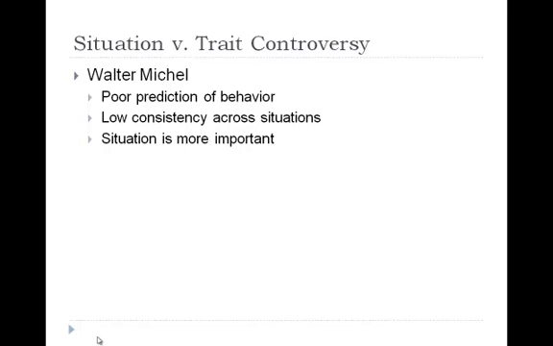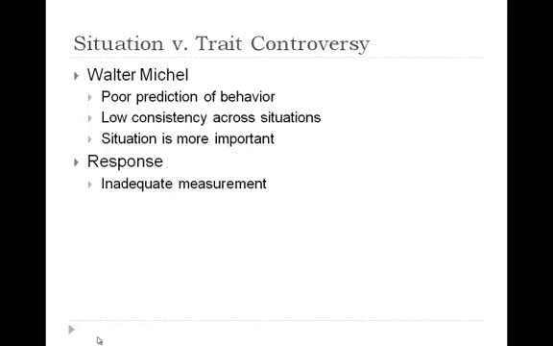So in response to Mischel and other people's criticisms, one of the things was, yeah, you're right, the numbers are low, but one of the reasons the numbers are low is we're measuring things really poorly. We have inadequate measurement. When we look at correlations, a relationship between a trait and a behavior, we're usually measuring one behavior at one point in time, and that is poor measurement by the standards of psychological assessment.